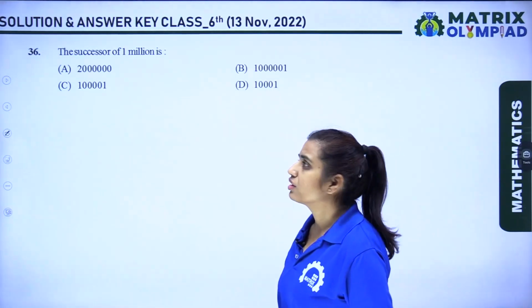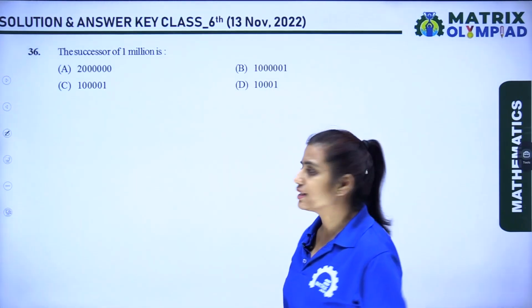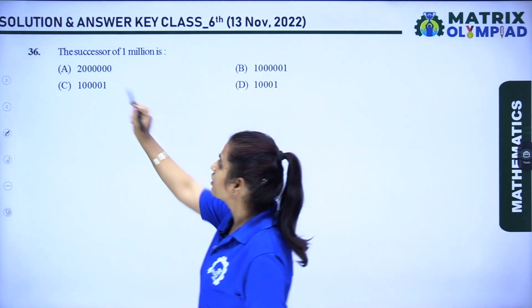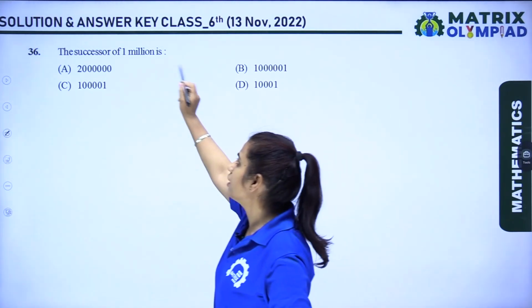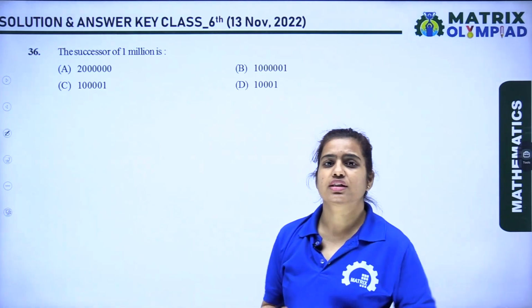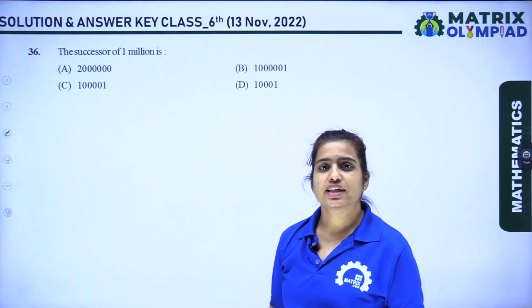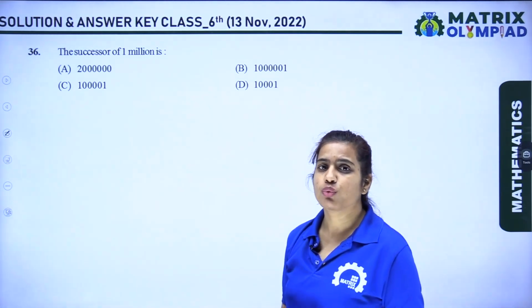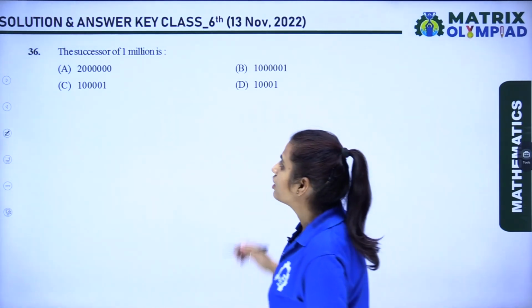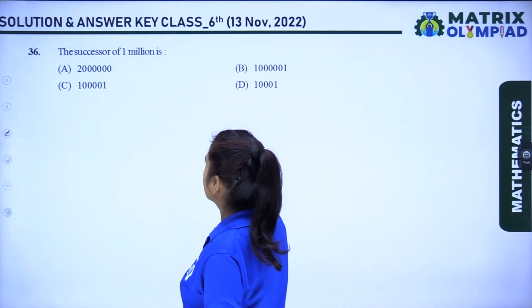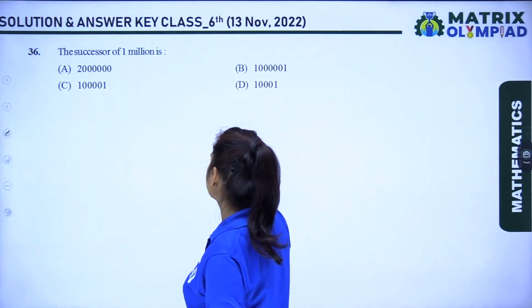Now let's solve question number 36. The question is: the successor of 1 million is. We know that the successor is the number which comes just after the number, or we can say that the number increased by 1 is the successor of that number. Now let's add 1 to 1 million.